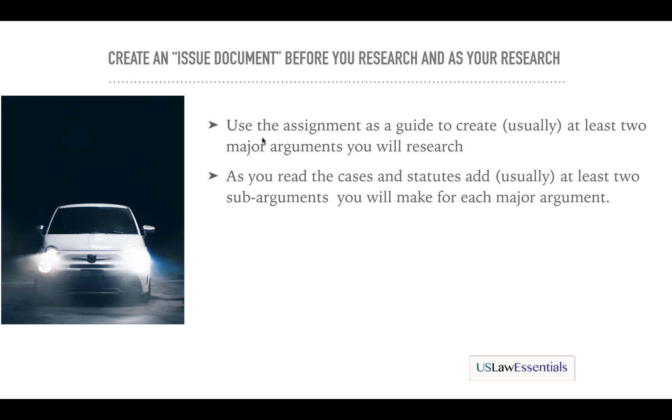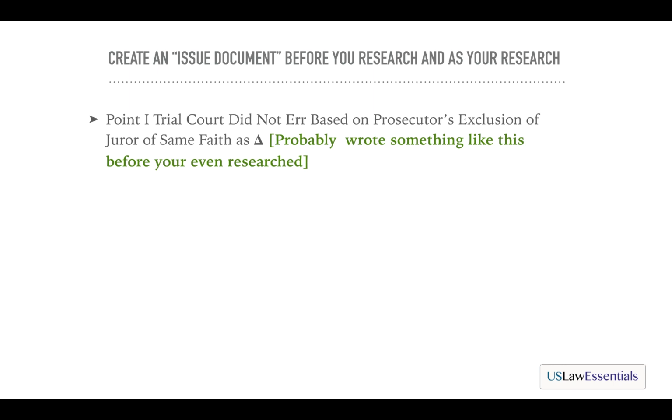And actually, as you start to look at cases, you're even going to see immediately some sub-arguments that you're going to quickly realize that you have to research. So based on our sample assignment, you could write down point 1 that I'm going to research. Trial court didn't err based on the prosecutor's exclusion of the juror of the same faith as the defendant. You can really write this before you even get started because that's what the assignment tells you need to research.